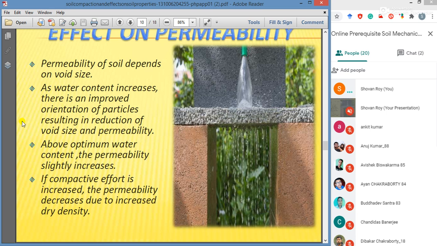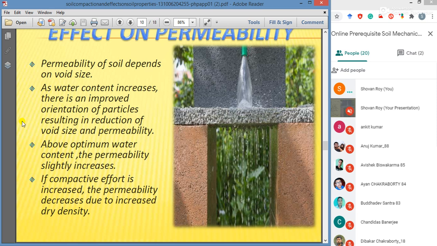This is the difference. So the shrinkage limit is the minimum water content which the soil can carry, and if we measure the soil with water and without water at the shrinkage limit, it will give the same weight.